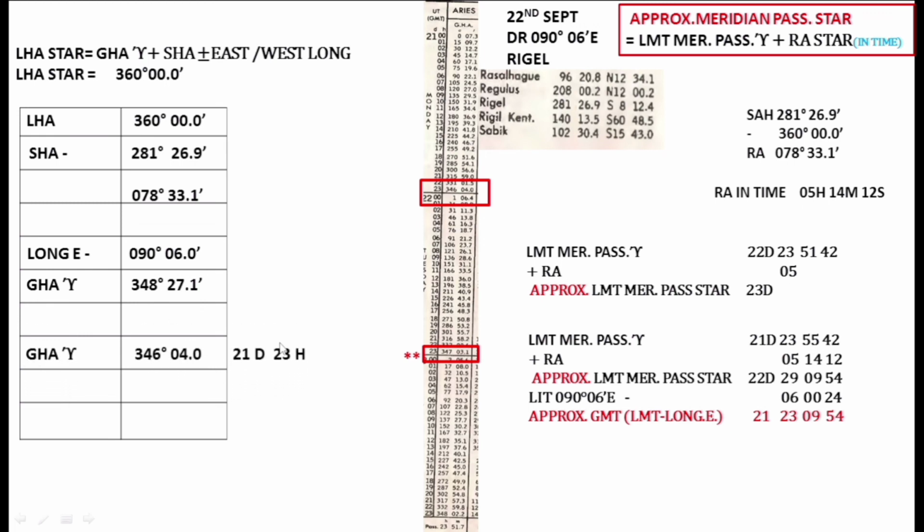And then I would go in for 21st and 2300 hours, 246. And same way around, and I get my exact time of Meridian passage of the star here, which is nearly close to each other.